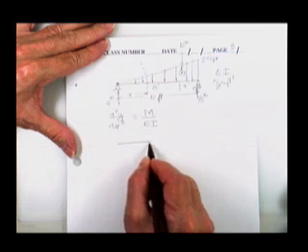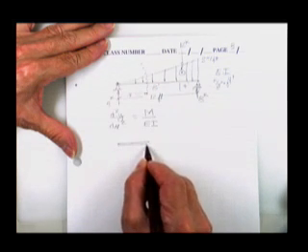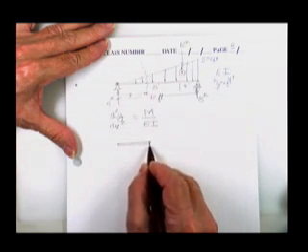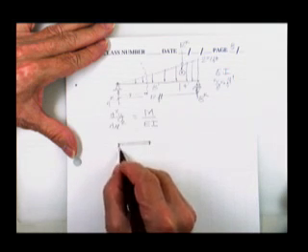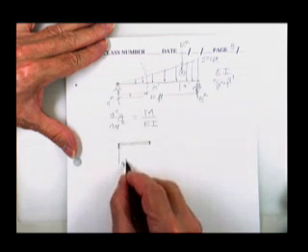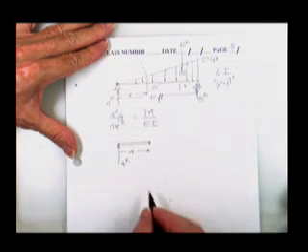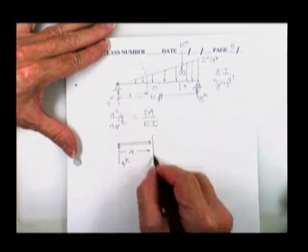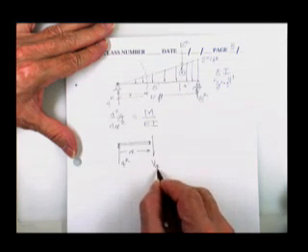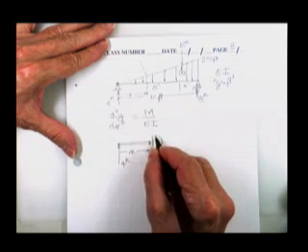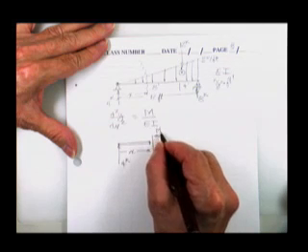Here is the piece of the beam. Here's where I cut it. Here's this left-hand reaction, 4 kips. Here is the dimension, X. There's a shear at X, and there's a bending moment at X.